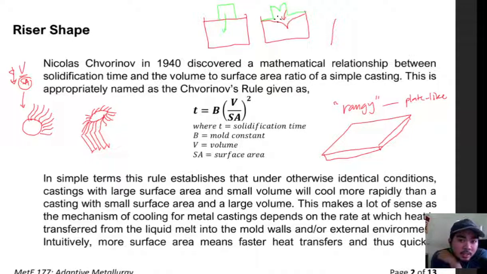So what this does is instead of yung shrinkage defect will manifest in the final casting, yung final casting natin is buo siya, tapos yung shrinkage defect natin nandun lang sa riser, which is okay, no? Kasi yung riser naman, sacrificial lang naman siya. So it's a reservoir meant to feed liquid metal as the casting solidifies. Okay? Malinaw ba yun? Yung concept ng risers?